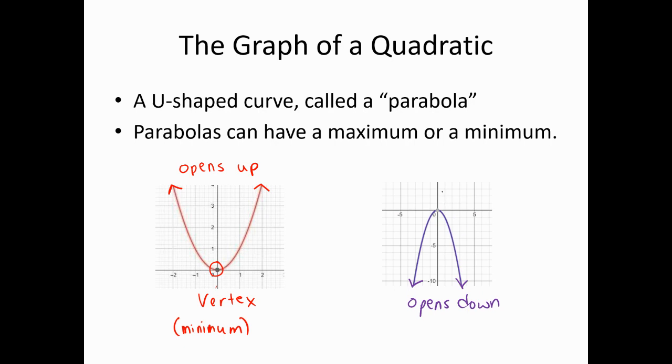For this one, we still have that vertex, right there, that point. But in this case, that vertex is a maximum because it's the largest y value on the graph. It's as high as we can go. So that gives you a quick idea of what those graphs look like.